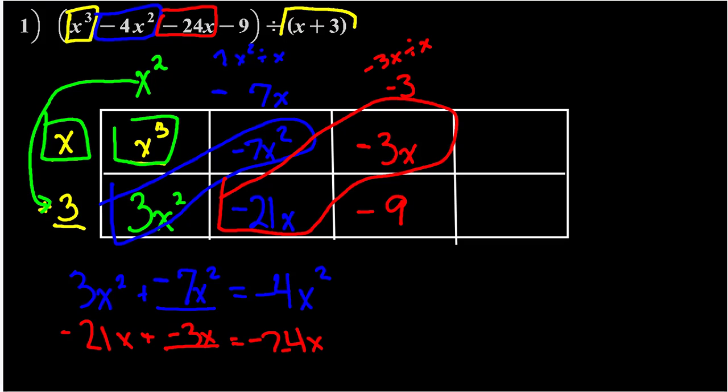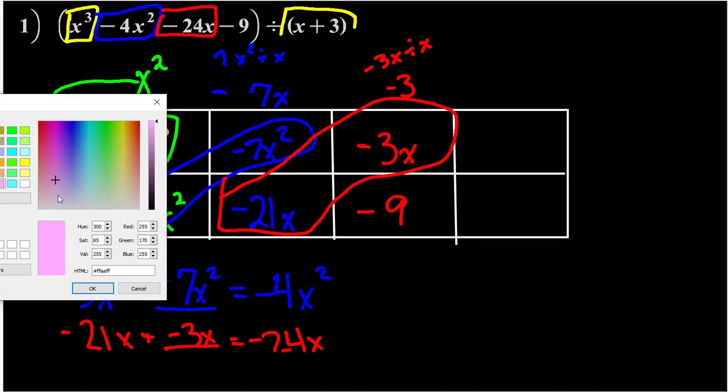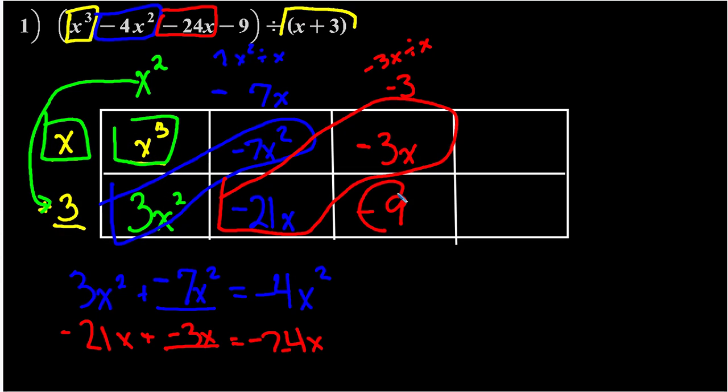And I'm going to look at that last spot and see, does negative 9 equal the negative 9 up here? If so, I am done. As it matches, I'm done.